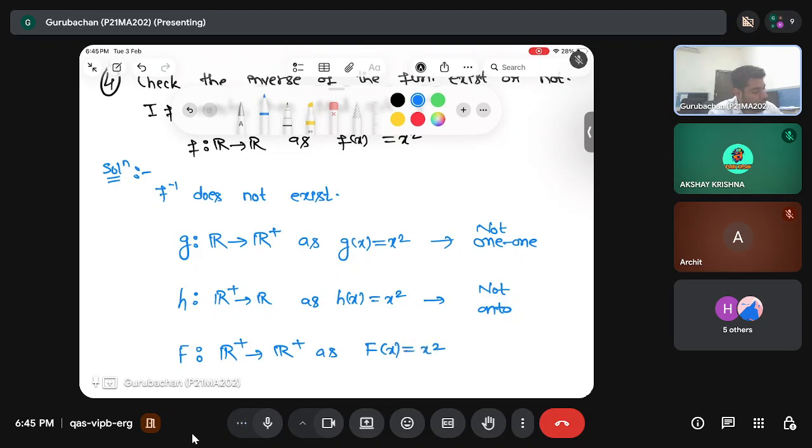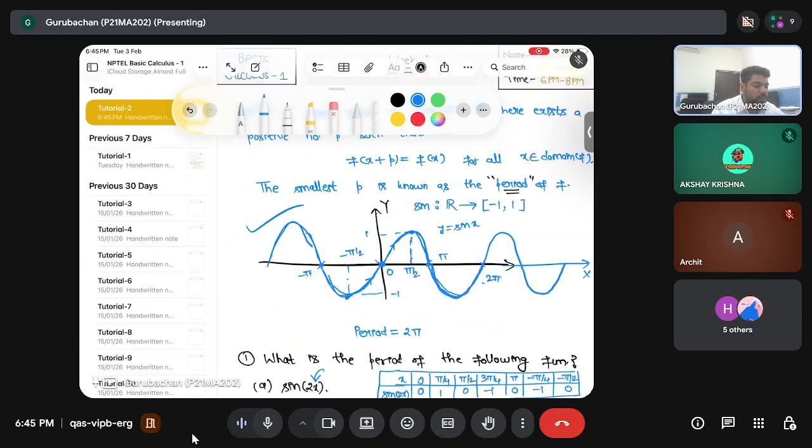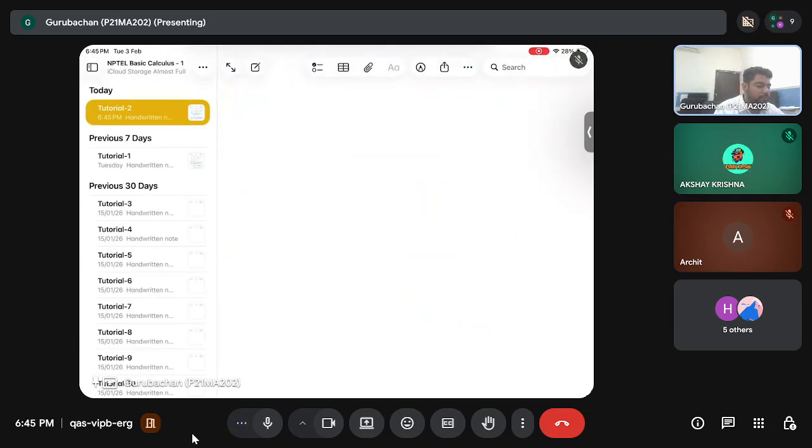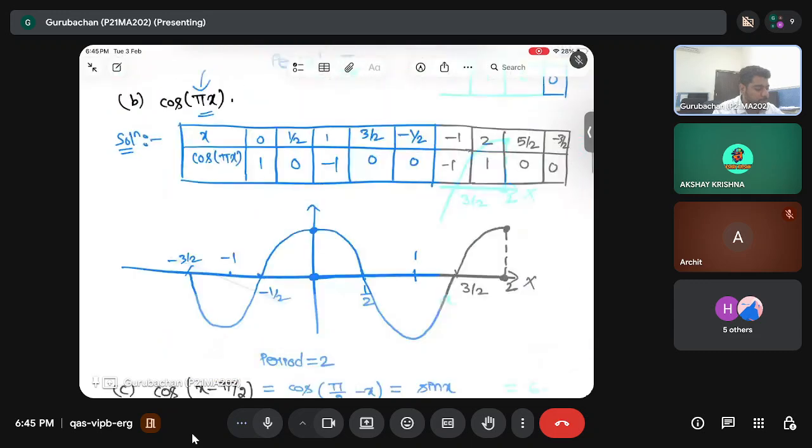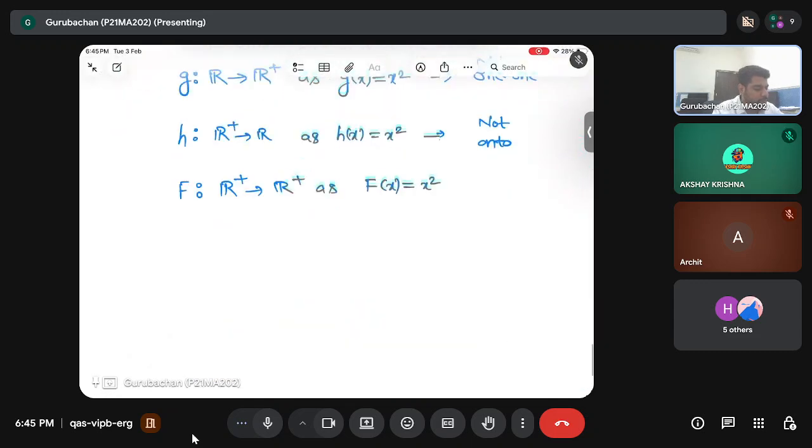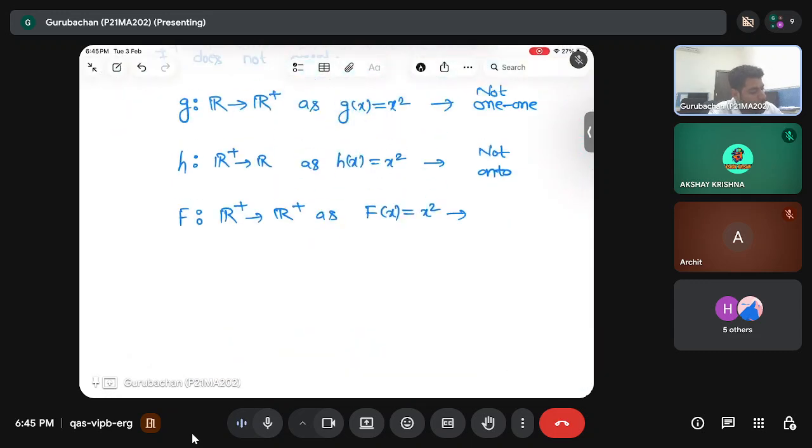Now it is one-one and onto. Yes, sir. So its inverse will exist. So now it is one-one and onto. Therefore f inverse exists.